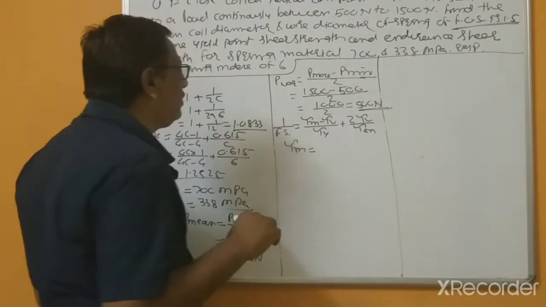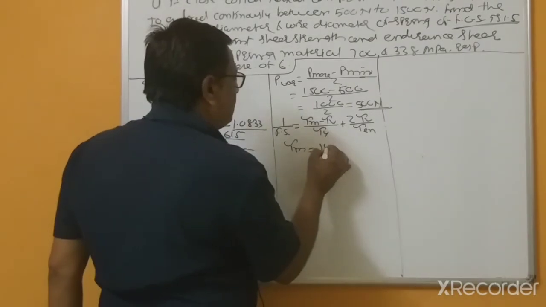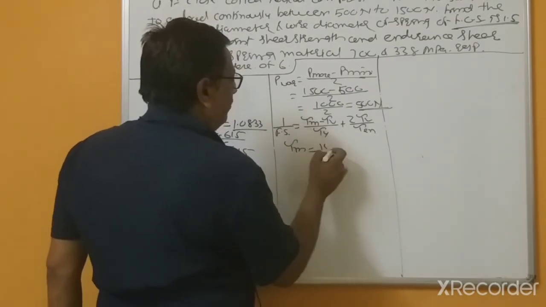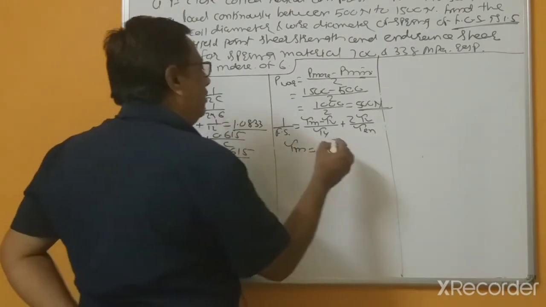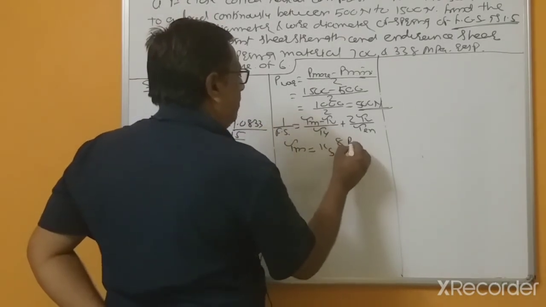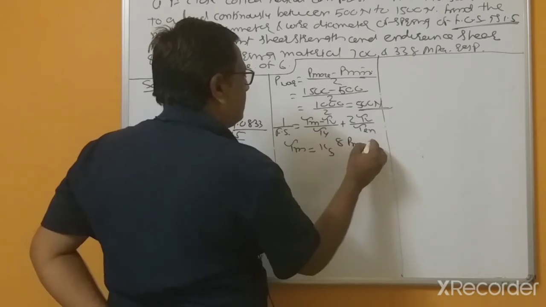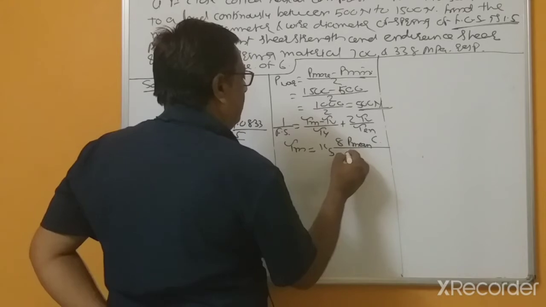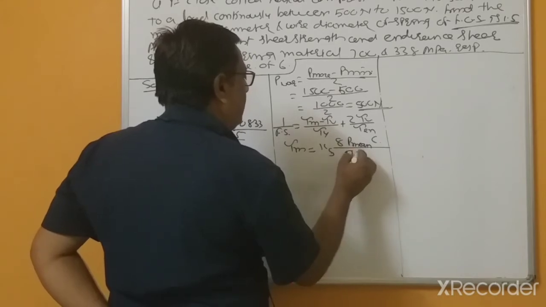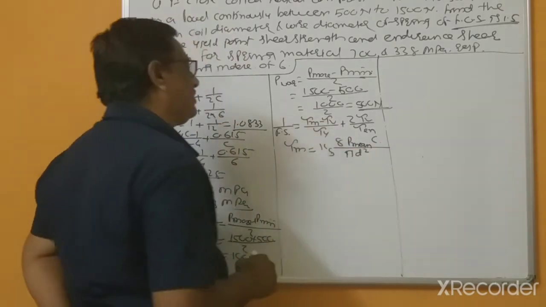So tau m equal to, what is the formula? Ks into 8 P mean multiplied by C divided by pi d squares.